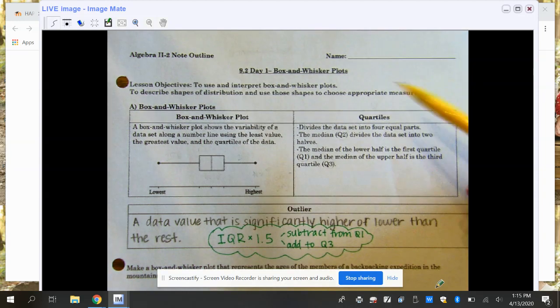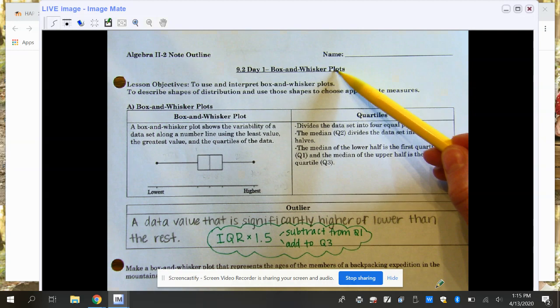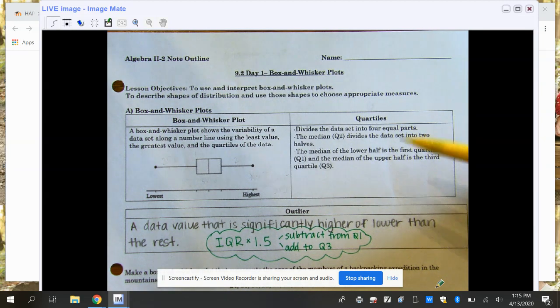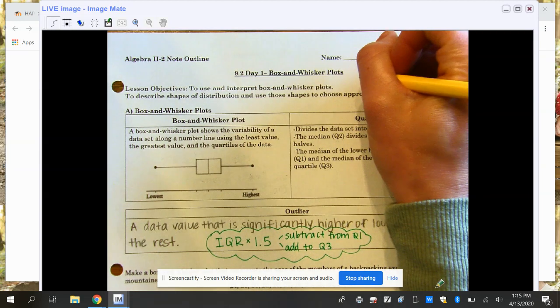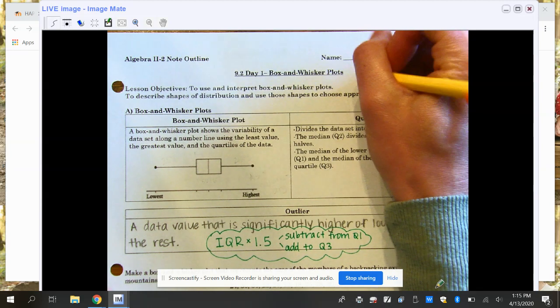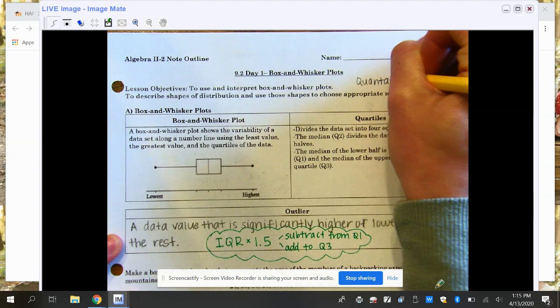All right, so the next 3 lessons are going to involve different ways to organize and display data. Today and tomorrow are pretty similar in terms of looking at how the data is distributed as well. And so box and whisker plots, and histograms, which is what we'll do tomorrow, are ways to organize the data quantitatively.